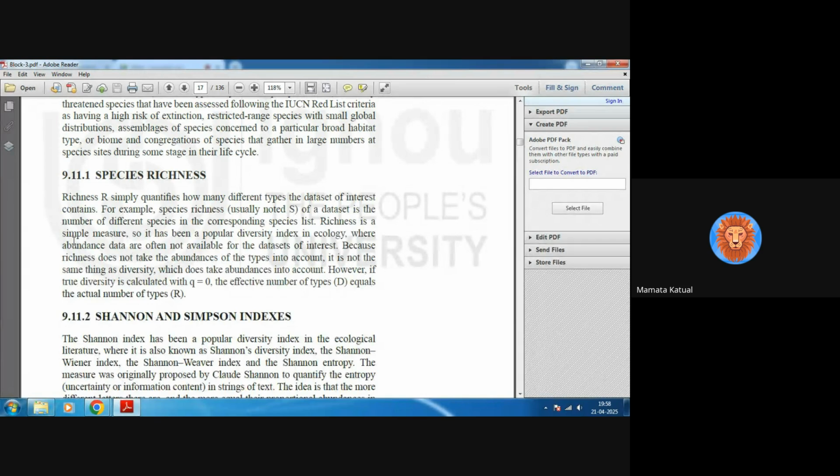Actually, in an ecosystem there will be many species, but for example, if we take 5 species, A, B, C, D, E. Species A has some individuals, for example 5. Species B has 13. Species C has some number, species D has some number, and species E has some number. Species A has 5 individuals, so that is the abundance of that species.